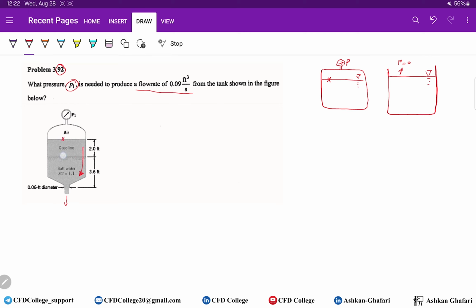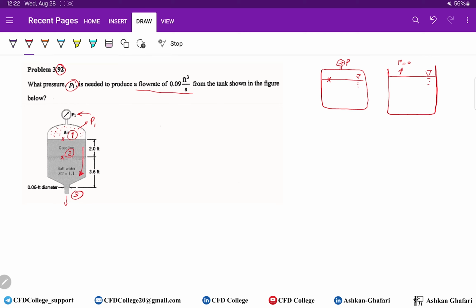So this is the first interface, this is the second one. Here is between air and gasoline, while here we have gasoline and salt water. So this is point number 1, this is point number 2, and the exit is point number 3. As I mentioned, in a pressurized tank, the pressure at all these points is the same, and it's equal to P1, the pressure which is shown by the pressure gauge.